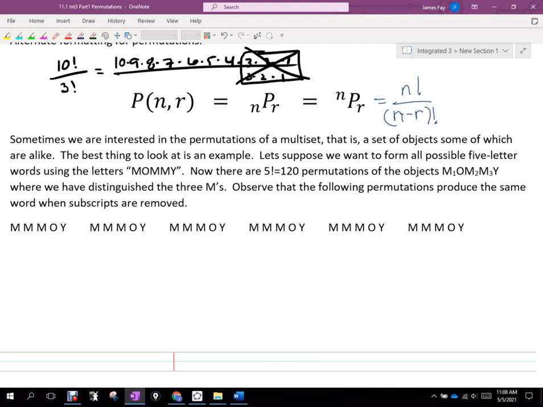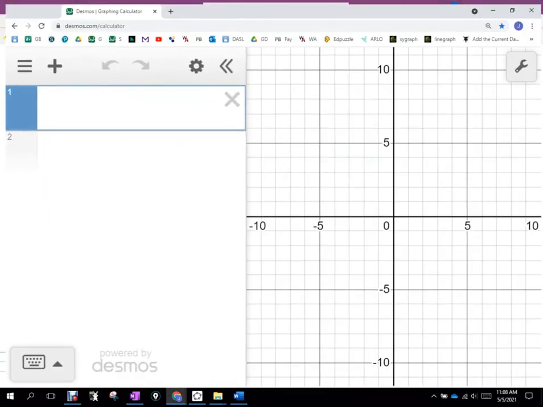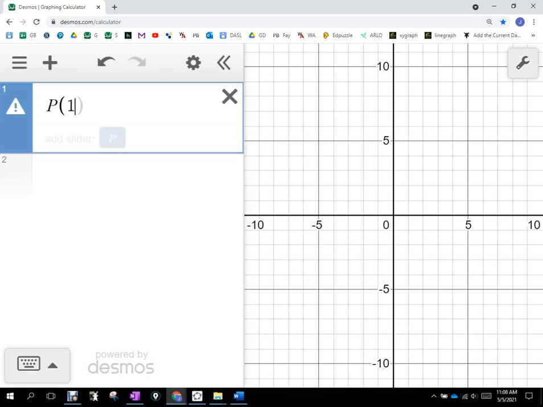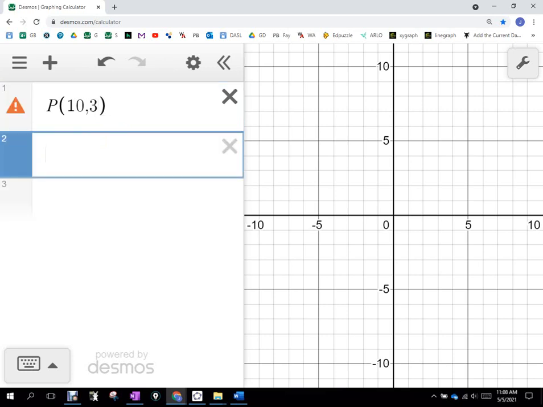Okay. A couple different ways that we can do this on a calculator. So if we're using Desmos, I believe you can type in, let's say P, and if I go N being 10 and R being 3, will it do anything? Nope. Okay.